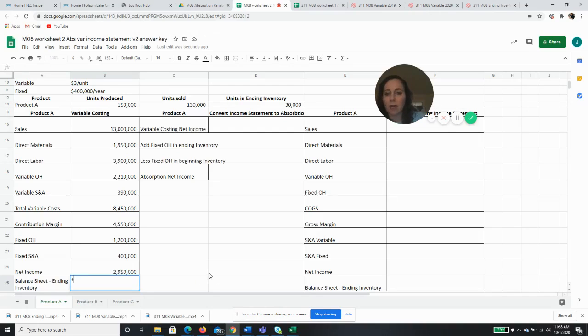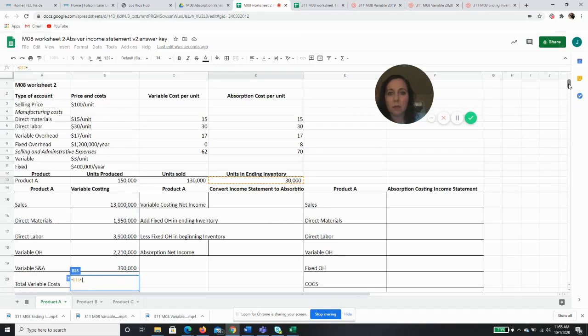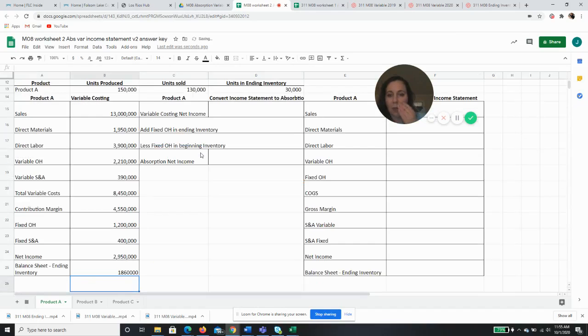Since we're here, we'll go ahead and calculate our ending inventory, which is 30,000 units times variable cost per unit. Okay. Then that gives us a net income of 2,950,000.